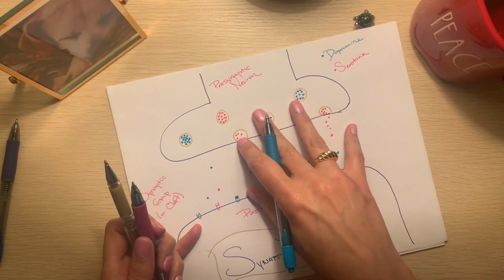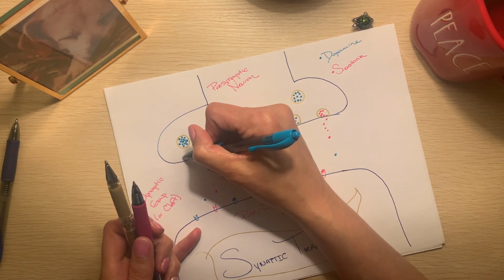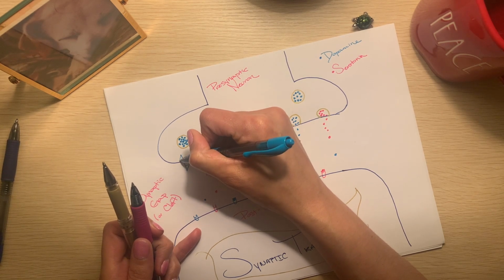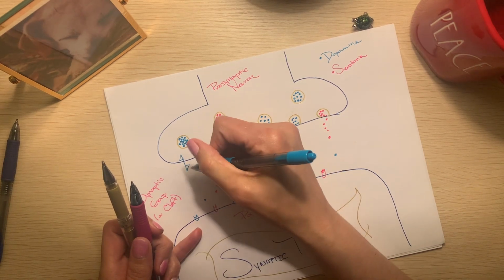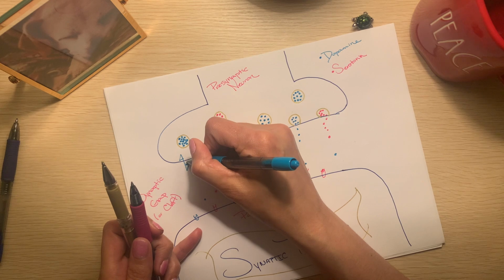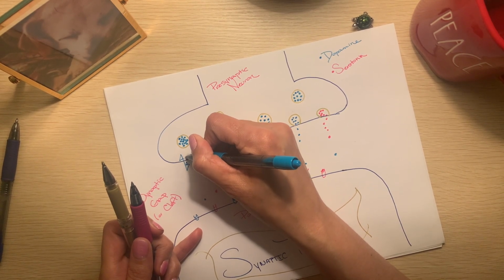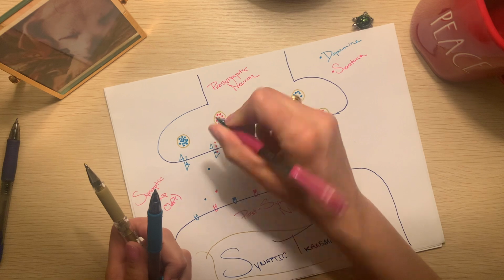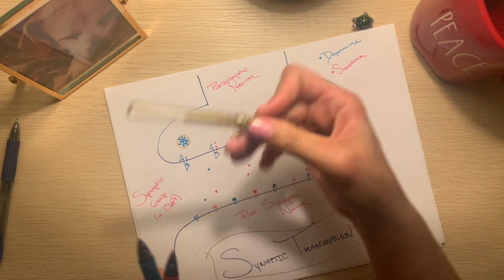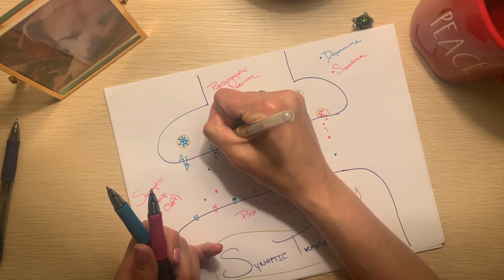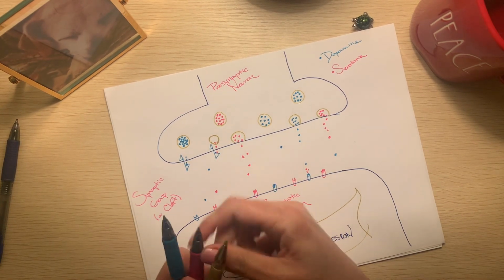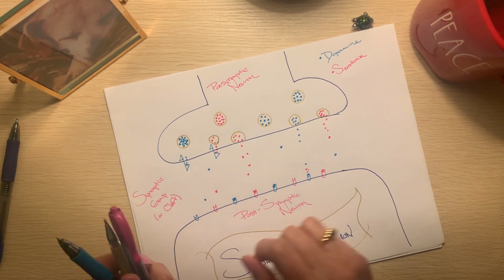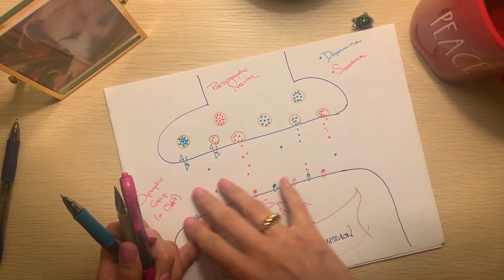The presynaptic neuron also has this mechanism called a reuptake pump, and the reuptake pump moves like a little windmill, and it's just going to pick up neurotransmitters and push them back into the presynaptic neuron, where eventually they will get recycled and put into a new vesicle. So these guys floating around in here.